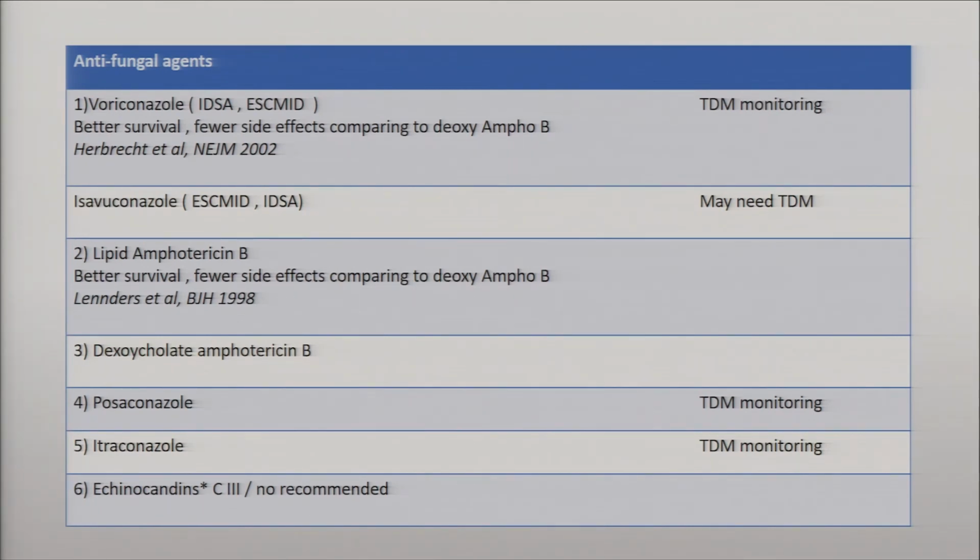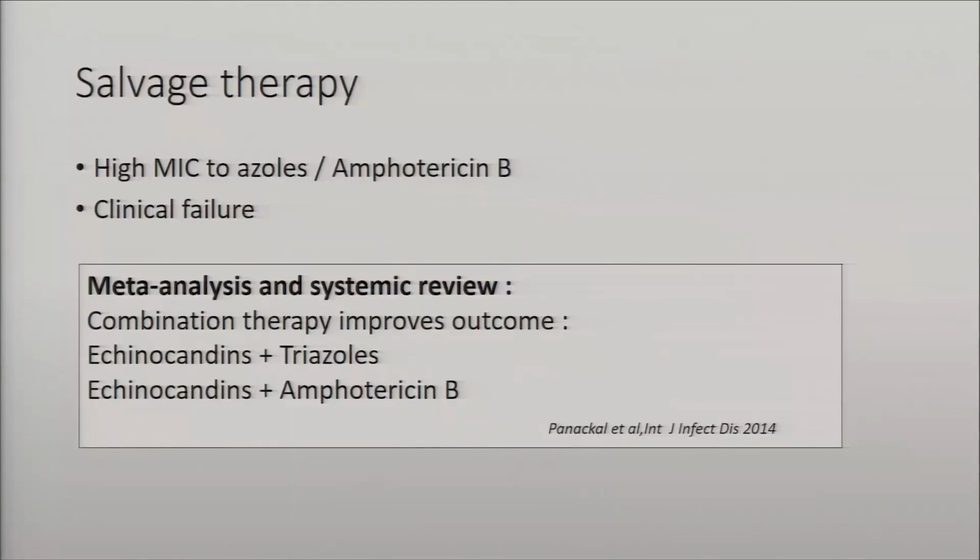Posaconazole, most countries do not have access to the intravenous form. We only have the tablet, the delayed release form. Itraconazole is not a popular drug right now because of poor bioavailability, unless you can have the new formulations mentioned by Dr. Atul just now. Echinocandins are mostly used in salvage conditions, or like this patient, because of the liver enzyme, liver problem, we have no other option but to choose this.